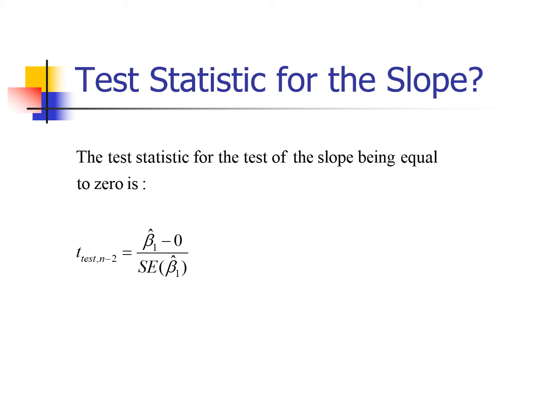Remember, 0 is a distance operator. Beta 1 hat minus 0 is basically saying how far is beta 1 hat from 0? I think the slope might be 0, so I calculate a good guess for the slope, and I look at how close my good guess is to 0. If it's very close to 0, then I probably think the null hypothesis is reasonable. If it's very far from 0, I probably think my null hypothesis is not reasonable.